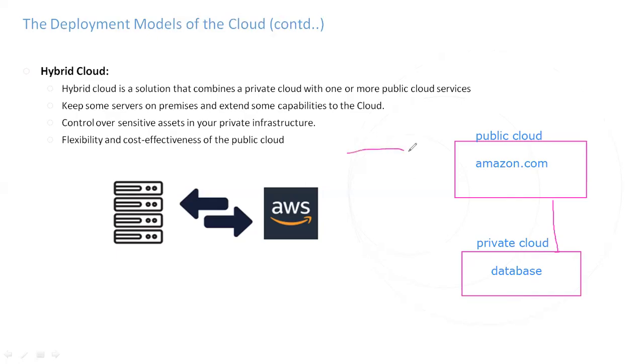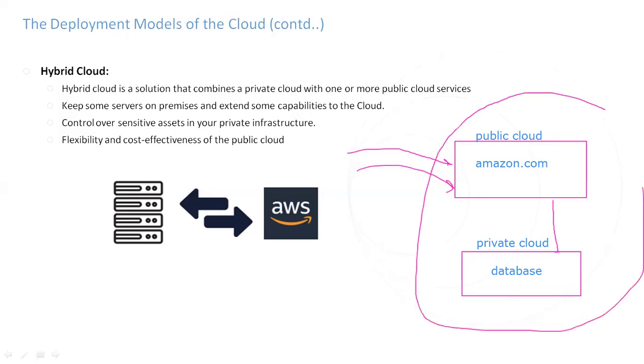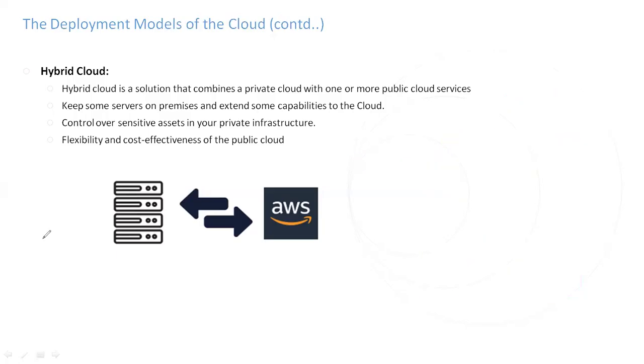Now anyone can make a request to access amazon.com, but no one can make a request to access your database, because the database is deployed in your private cloud. In this infrastructure, we are using public and private cloud. Such a cloud we call a hybrid cloud. So as per your business needs, you can select either public, private, or hybrid cloud.